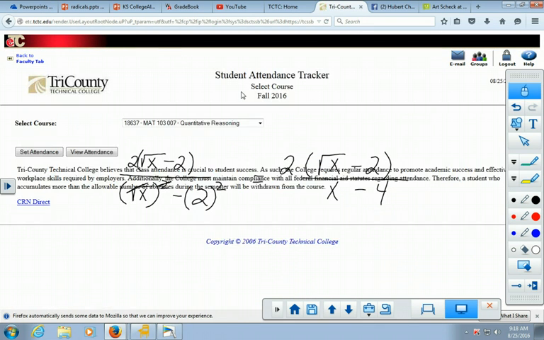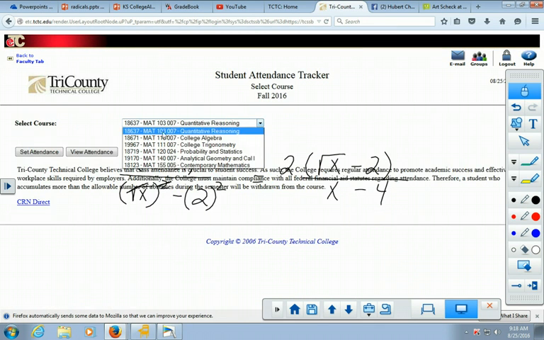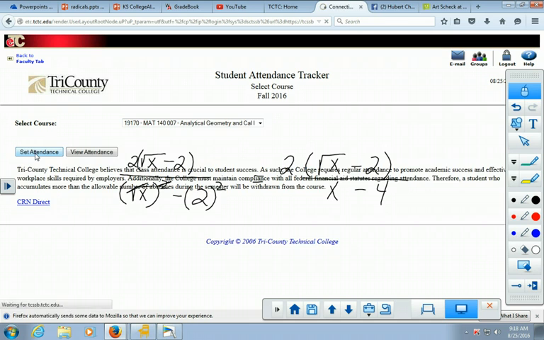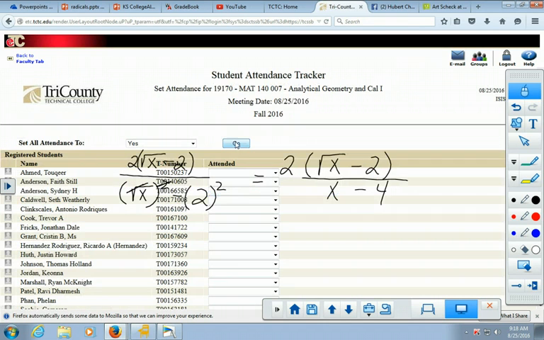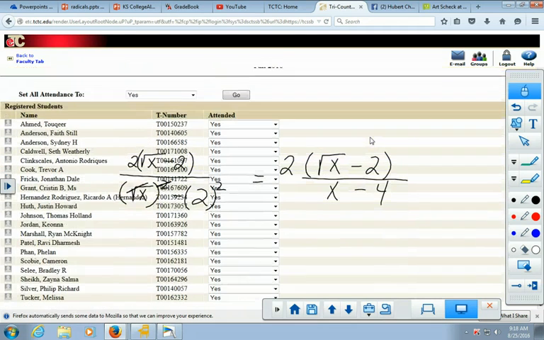My teacher's an alcoholic. Let's see. How do you think I deal with students? Set attendance. So everybody's here except for one person. So I have to go through the whole list. All right. Ahmed, Anderson and Anderson are here. Caldwell, Clint Scales is here. Cook, here.